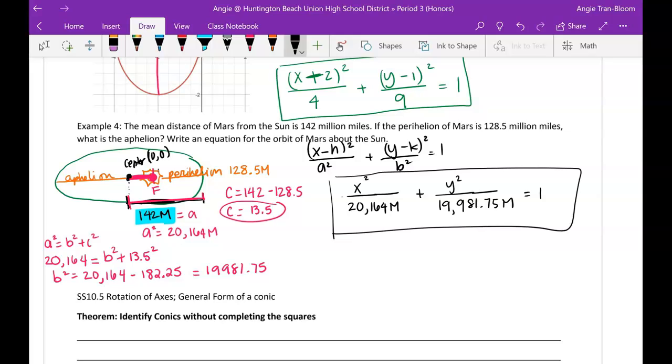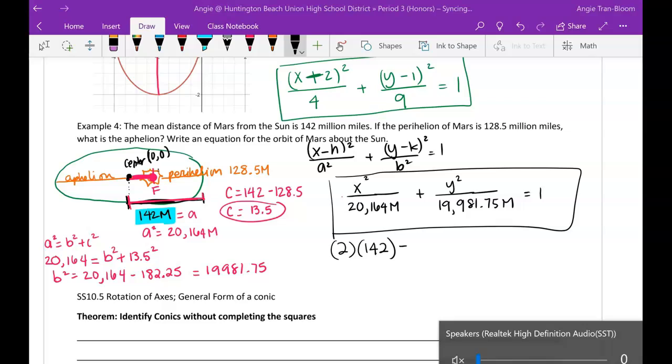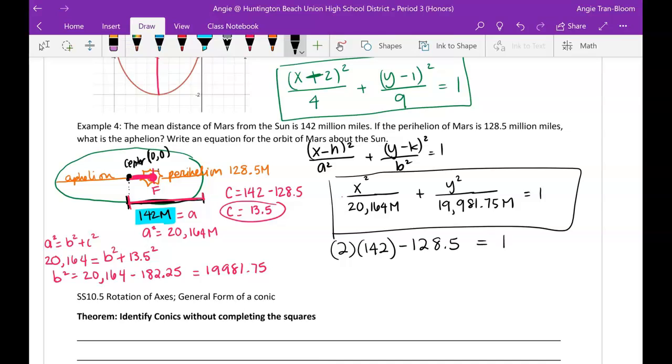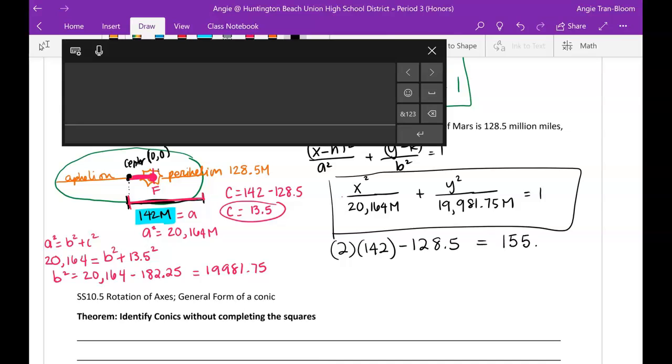Then it wants to know what the aphelion is. Aphelion is that longer distance. All I'm going to do is take 2 times the mean distance in terms of millions, take away my shorter distance, 128.5 million, which gives me 155.5 million miles.